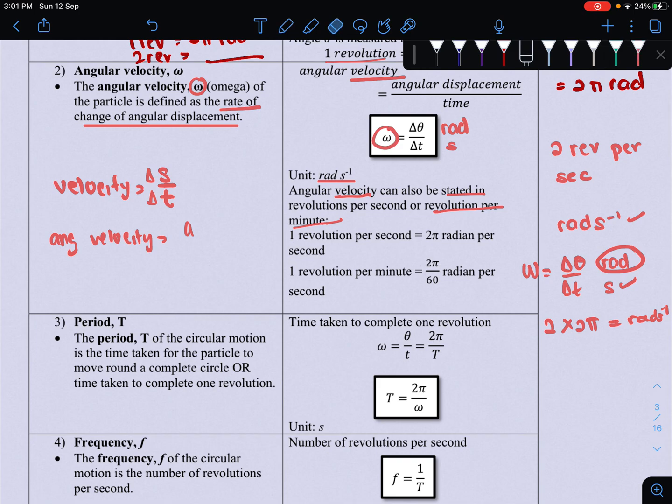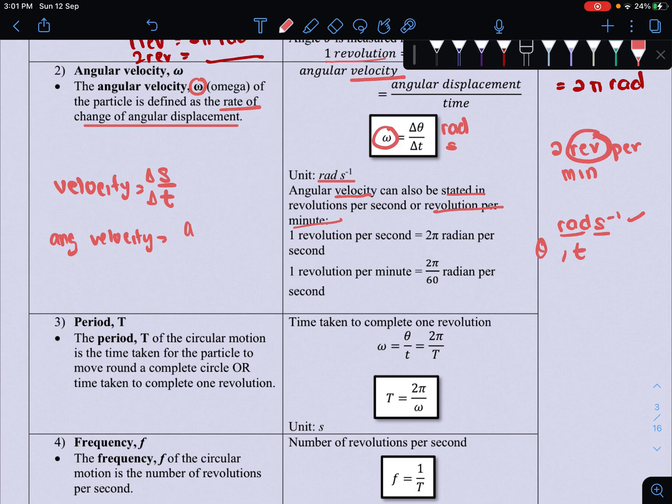Kalaulah dia guna revolution per minute, contoh dia guna revolution per minute. Okay, bila dia guna revolution per minute, apa jadi adalah SI unit kita dekat sini adalah radian per second. Maksudnya, dua-dua kamu iaitu theta dan juga t kamu dua-dua bukan dalam unit yang kita nak iaitu radian dan juga saat. So you have to convert the revolution into radian dan juga the minute into second.